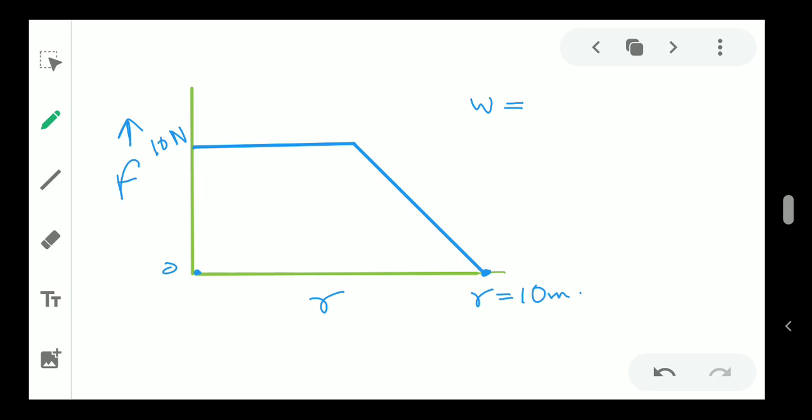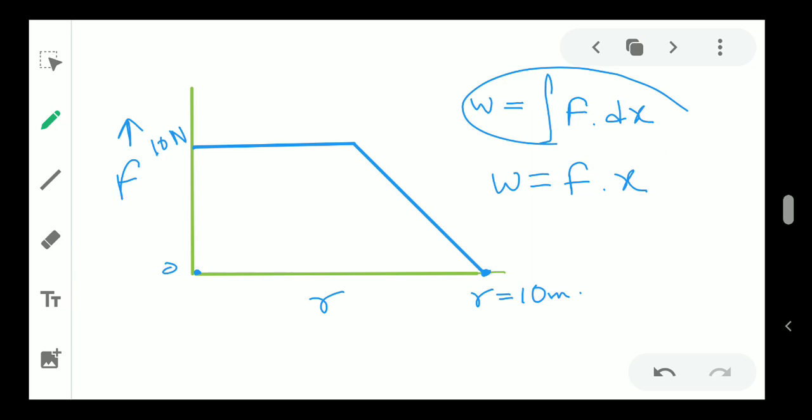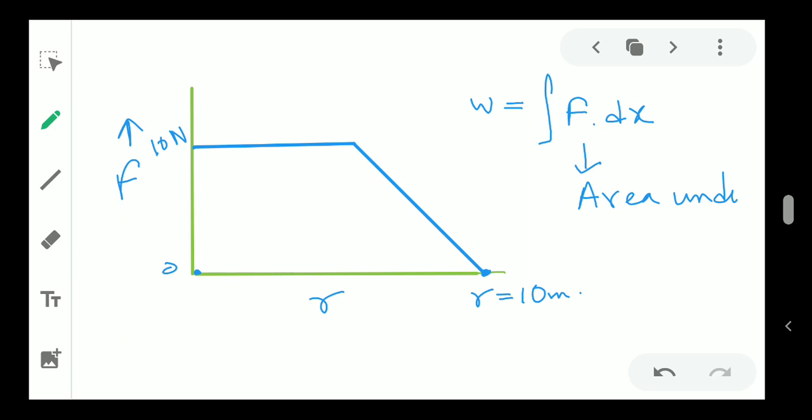So as we know, work done for any general case is the integral of F dx. Now if F is constant, it will come out and it will be the simple formula, W equal to F into x. But if it is not constant, then we will stick to this formula. Now if you go into the integration part, you will see that this integration is nothing but the area under the curve.